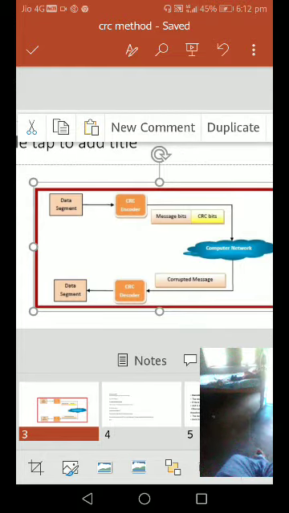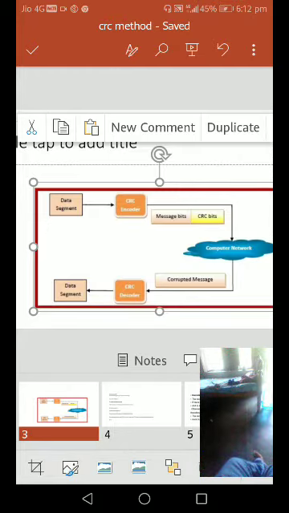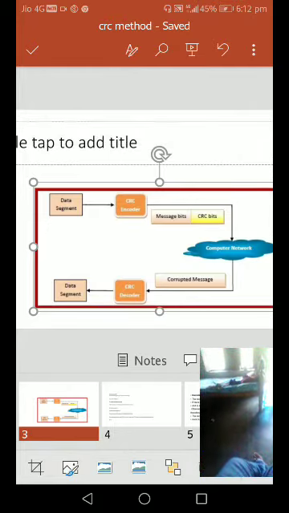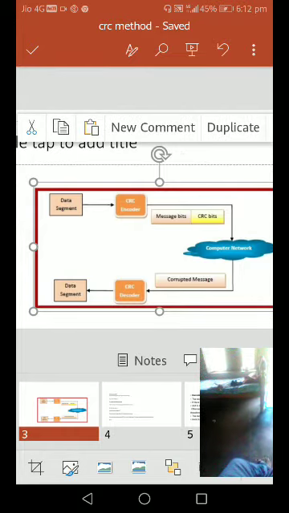The computer network takes a larger number of bits, where the CRC bit is added to each data block as the cyclic redundancy code bit.